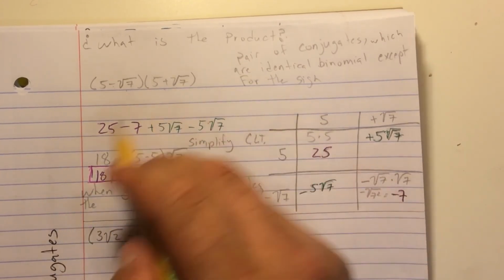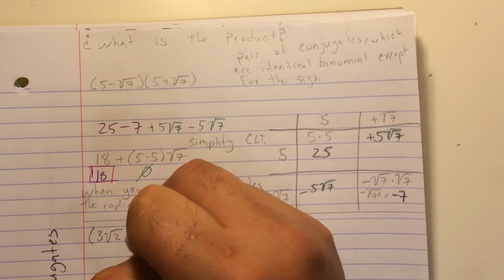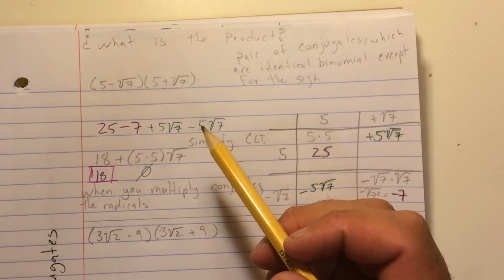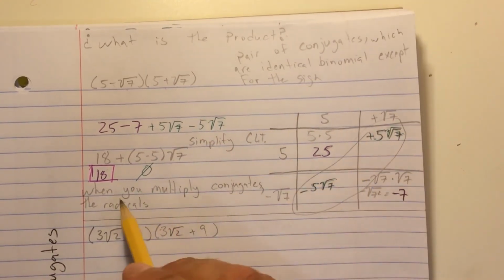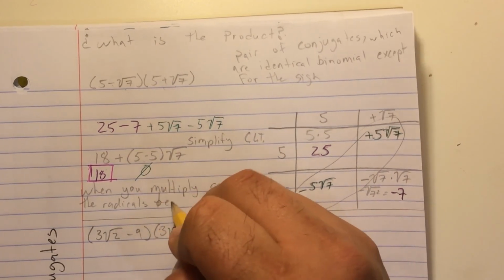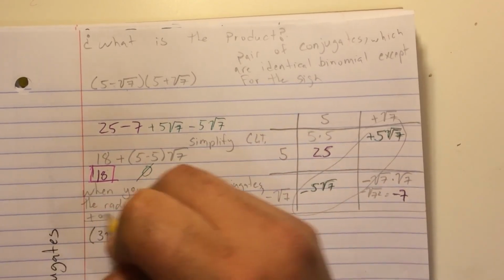So when you're doing this, the radicals, so when you're multiplying, it's the middle terms usually, right? Because this is usually the middle terms. But when you're doing this, the radical terms add to 0.